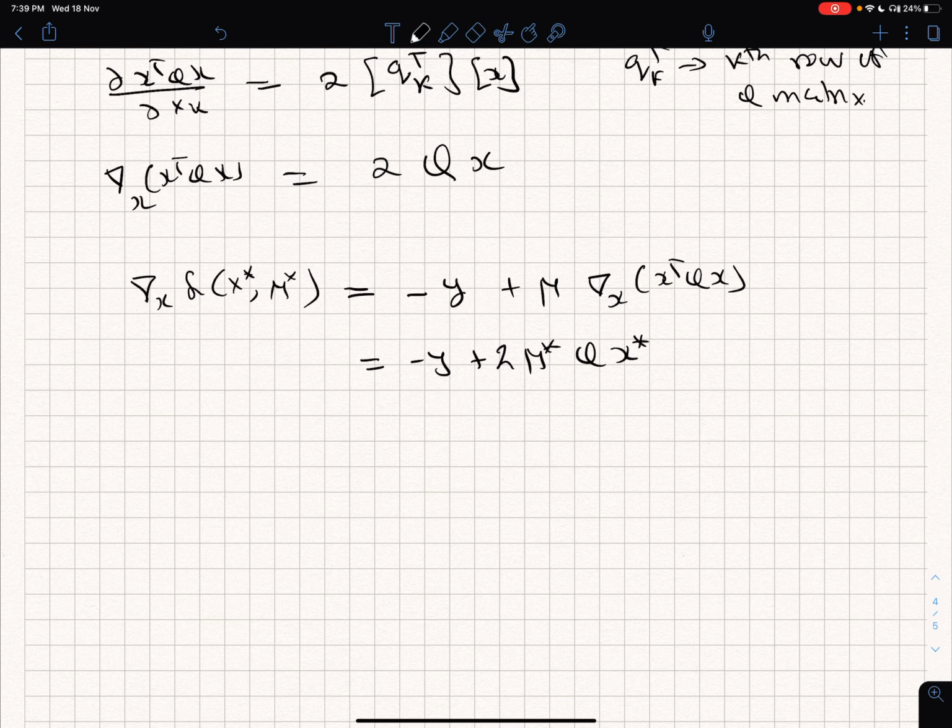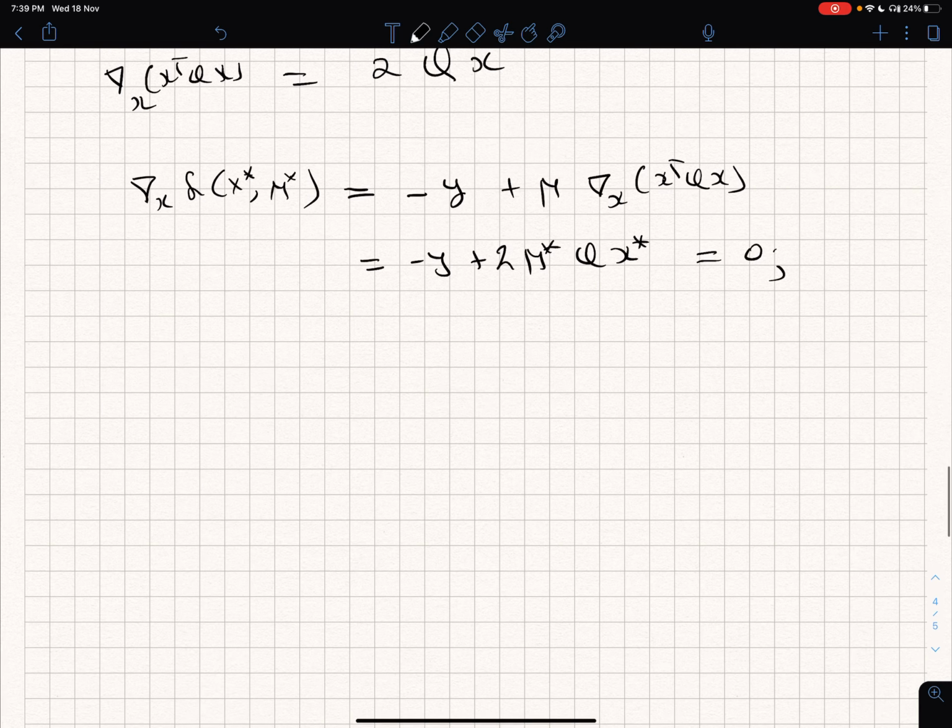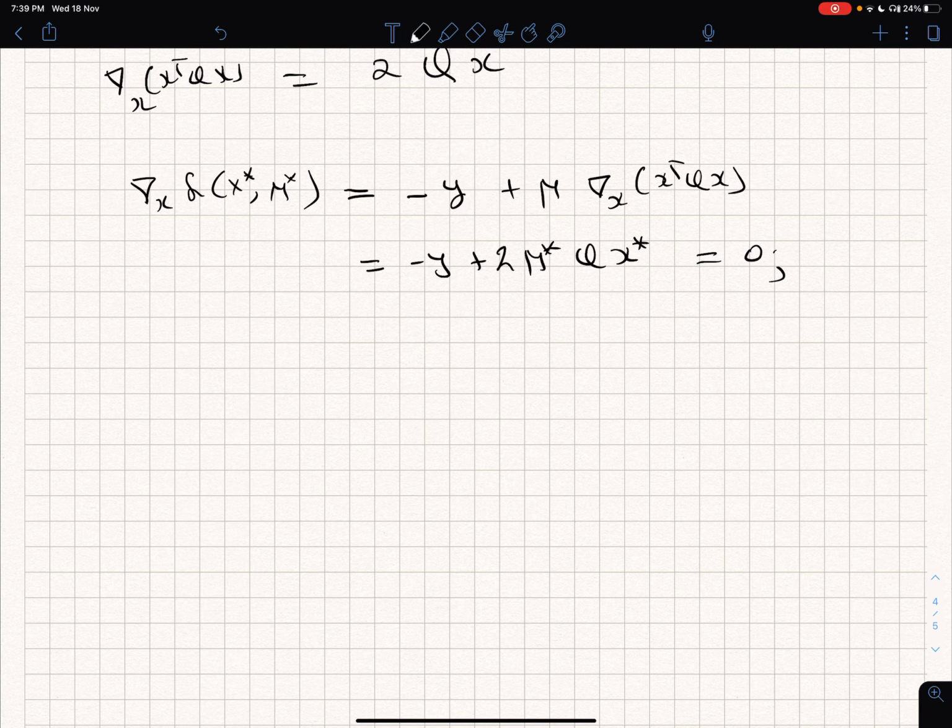This is the gradient of the Lagrangian function, and this should be equal to 0 for stationary point evaluation. Therefore 2 mu star Q x star should be equal to y, or x star is equal to 1 by 2 mu star Q inverse of y.